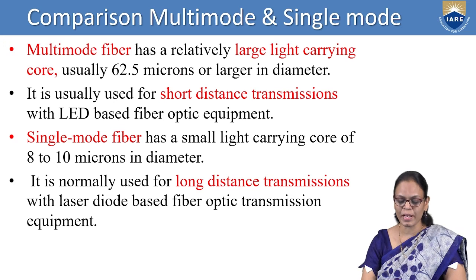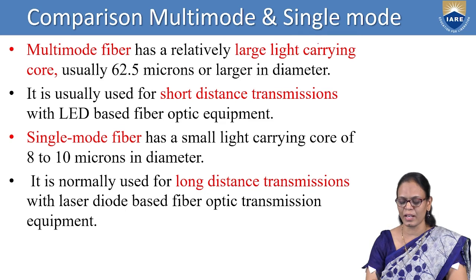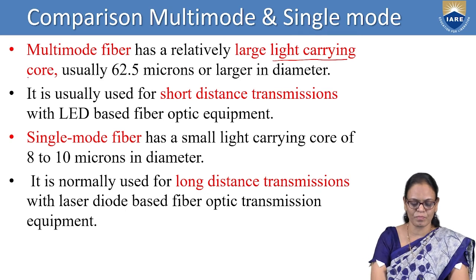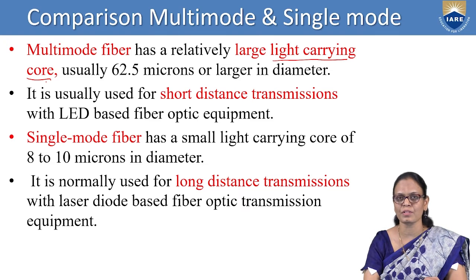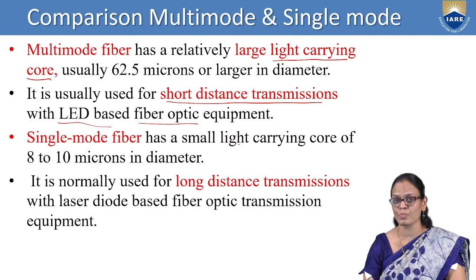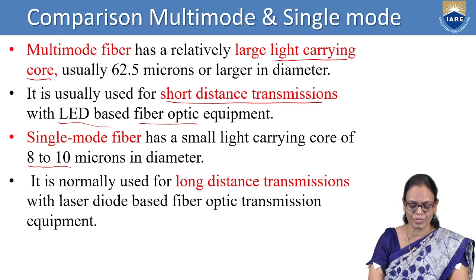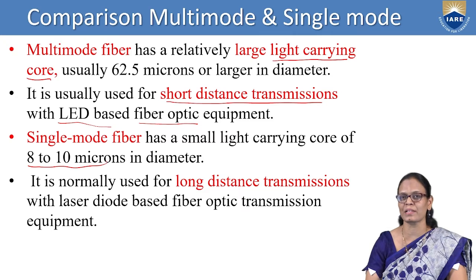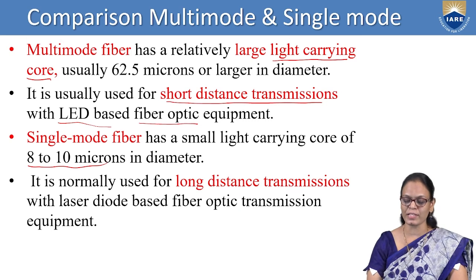Now, multimode fiber has a relatively large light carrying core. The diameter of the core is large. It is usually used for short distance transmissions with LED based fiber optic equipment. Then single mode fiber has a small light carrying core of 8 to 10 micron. We are doing the comparison between multimode and single mode.